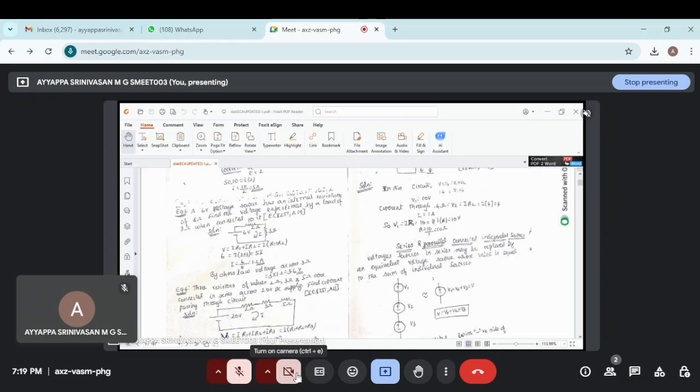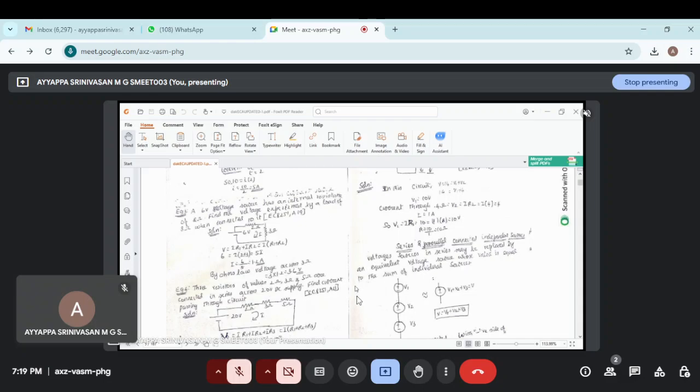So the voltage rise is 6 volt. The voltage drop is the voltage across the 2 and 3 ohm resistances. The voltage drop across 2 ohm is I into 2 by Ohm's law, and 3 into I by Ohm's law. So 2I plus 3I is equal to 5I, that is, 1.2 ampere is the current flowing through it.